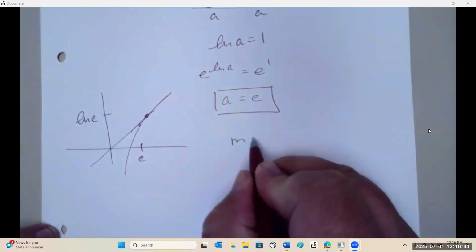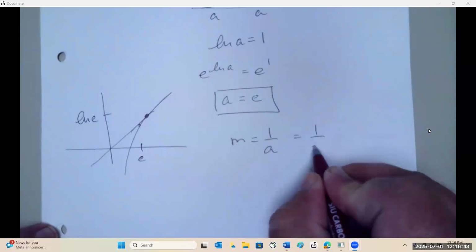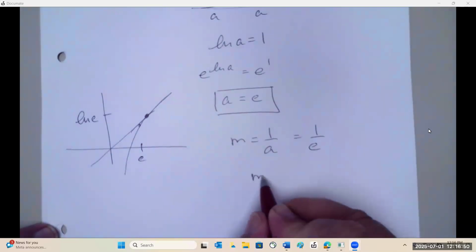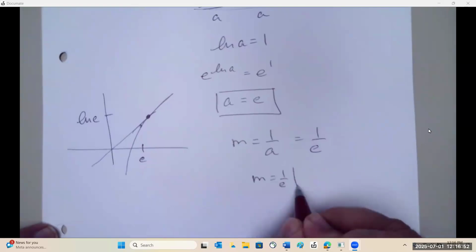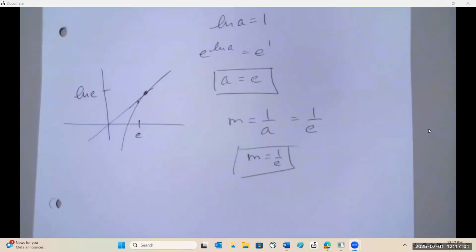So the slope is 1 over A, which is 1 over E at that point. So that was a derivative for our ln functions, natural logs.